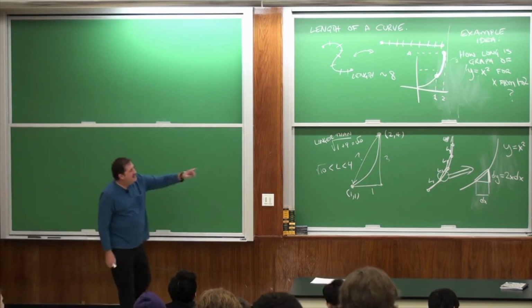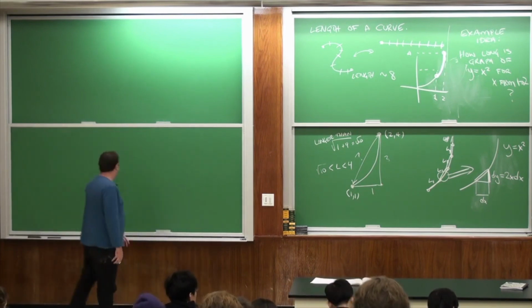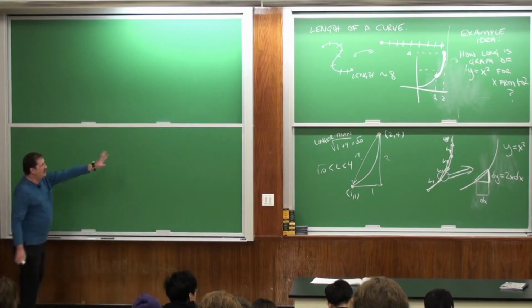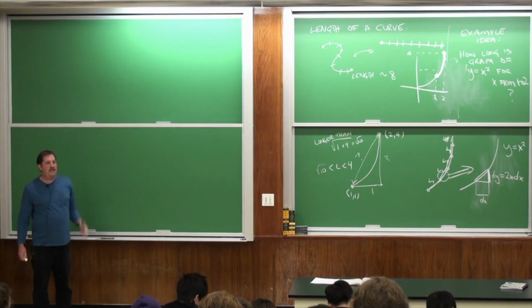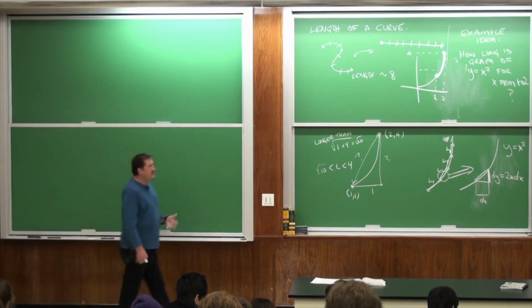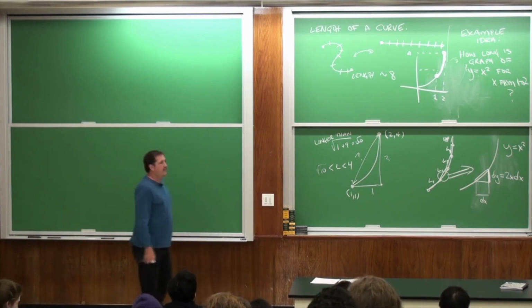All right. So you can do that. I don't want to do it now because I'm tired of it. So let's come back to this idea of the arc length and redo this a little more generally. The idea is exactly the same.